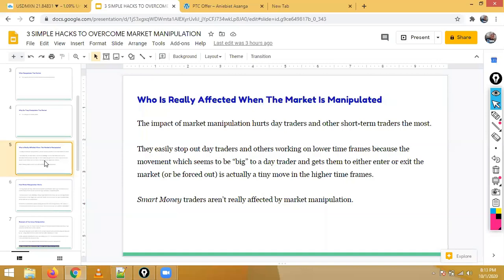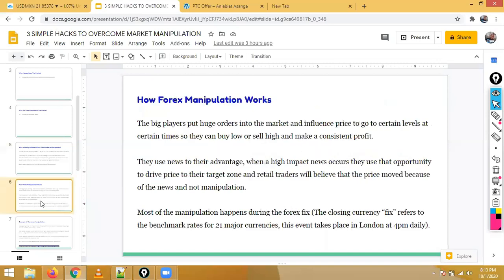So the smart money traders, which are the swing traders or the position traders, guys trading on the higher time frame, are not really affected by the market manipulation.